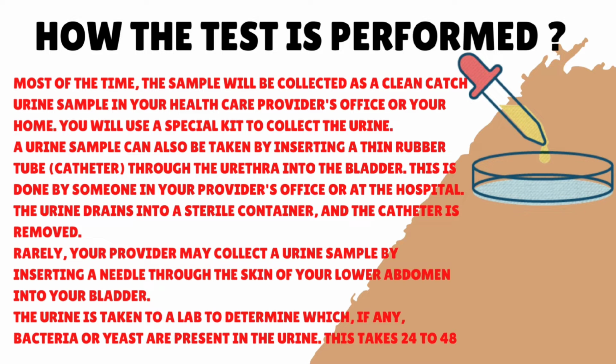Rarely, your doctor may collect a urine sample by inserting a needle through the skin of your lower abdomen into your bladder, but it's rare. The urine is taken to a lab to determine which, if any, bacteria or yeast are present in the urine. This can take 24 to 48 hours.